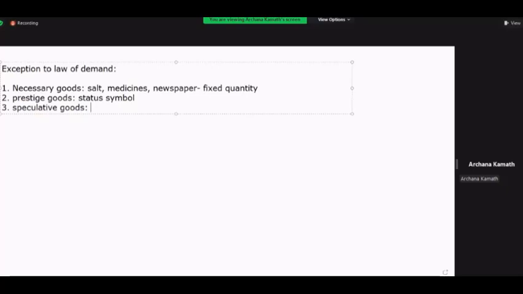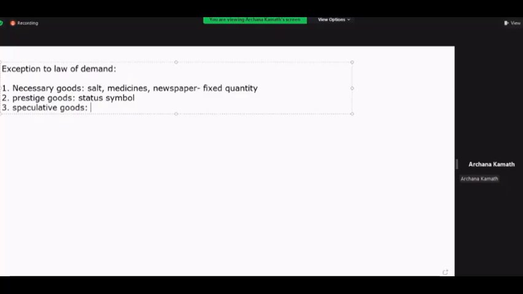You got a shirt for 500 rupees. Next day you came to know that the same shirt costs only 300. Won't you look forward to getting two of it? Yeah, sure. So clothes and garments follow the law of demand, right? Price falls, you purchase more.